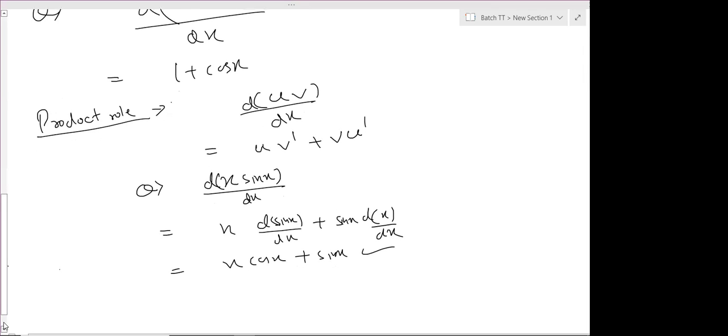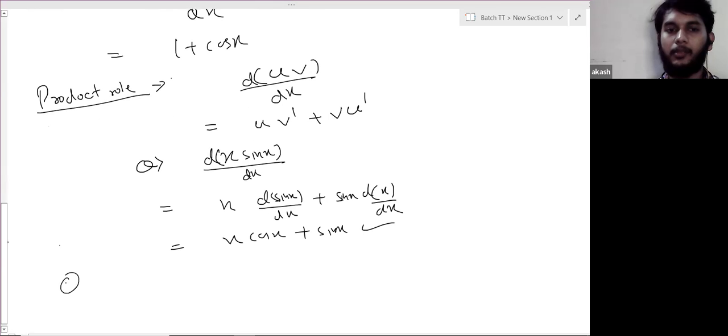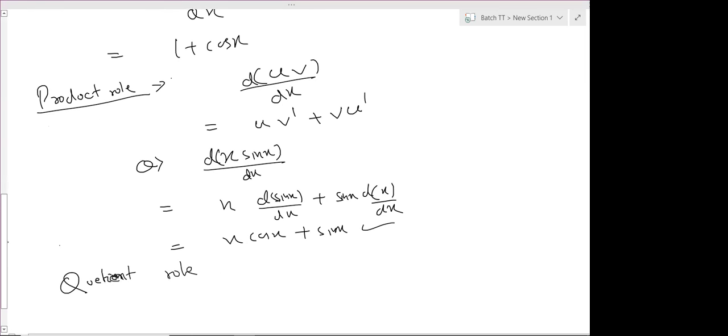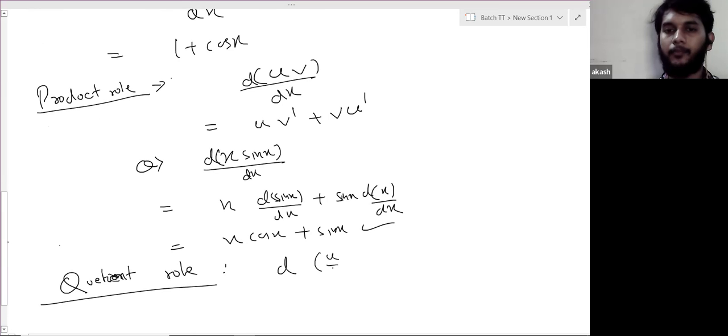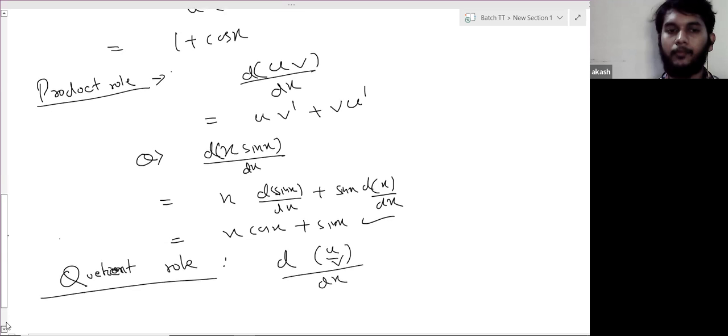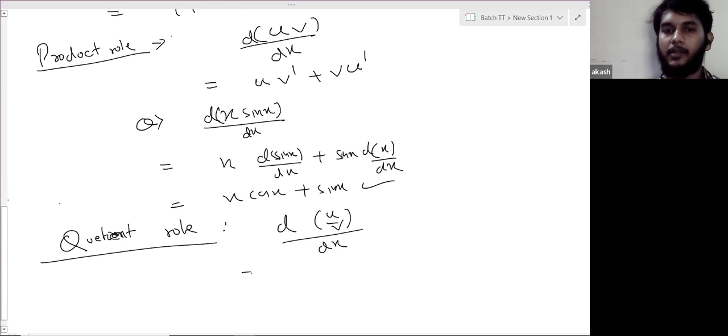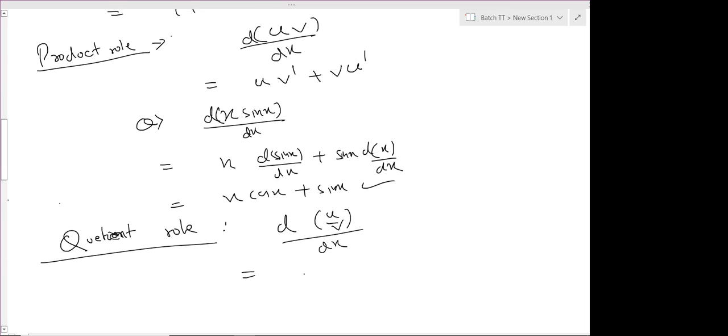All right. Now this was the product rule. Now something is called the quotient rule. What is this? Finsa, do you know the formula for this? Yes, sir. u dash v plus uv dash by v square.